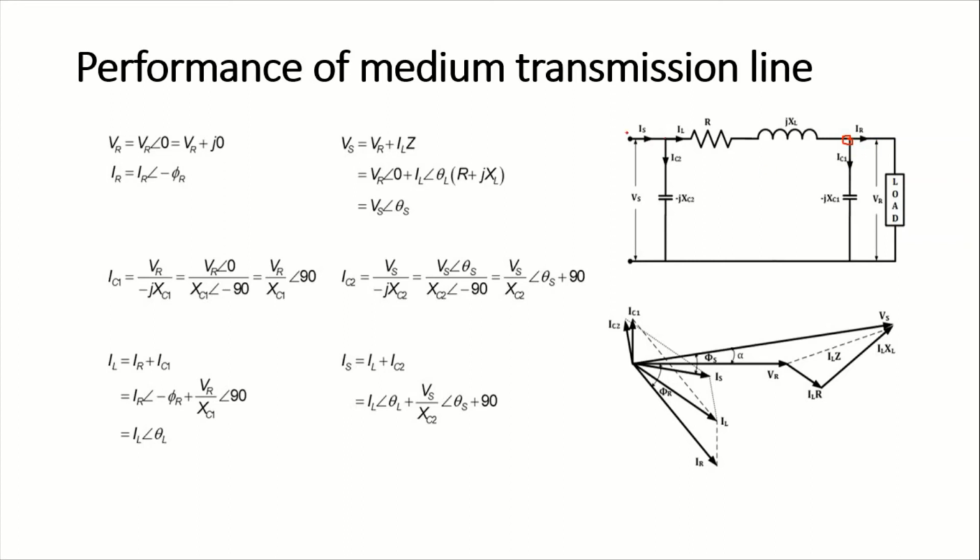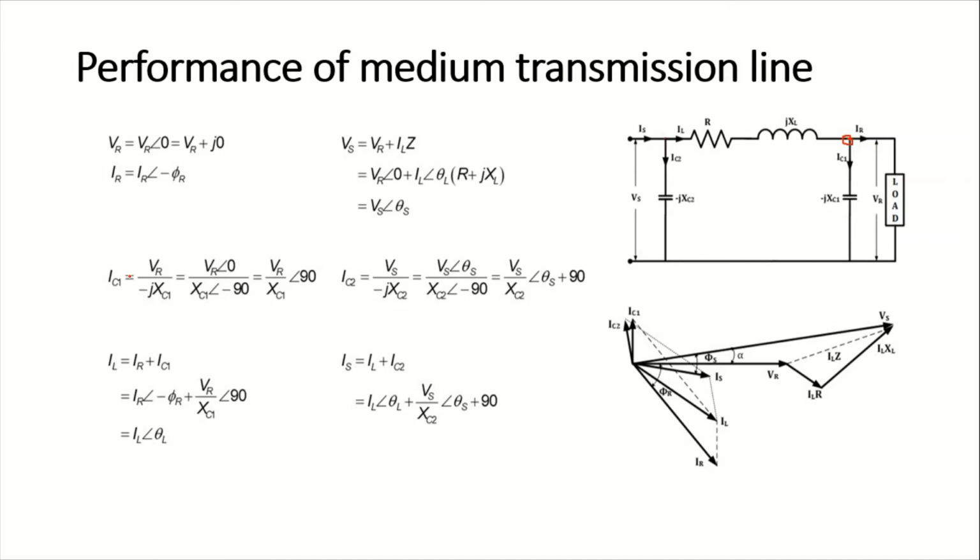Here IS is the sending end current, IR is the receiving end current, IL is the current flowing through the resistance and series inductive reactance, and IC1 and IC2 are the capacitive currents flowing from capacitors 1 and 2 respectively. So before writing the value of IL, we have to calculate the value of IC1.